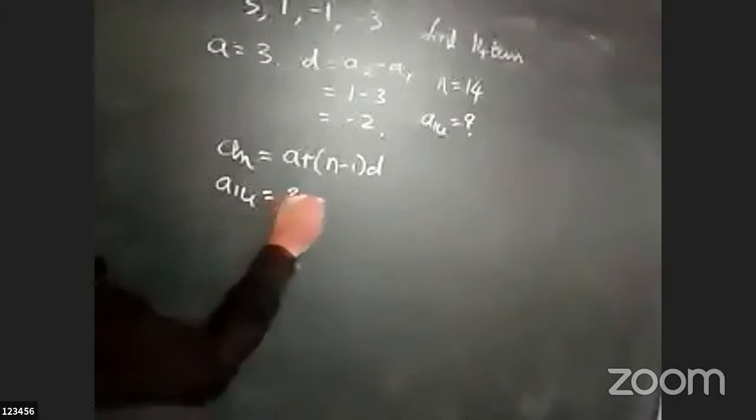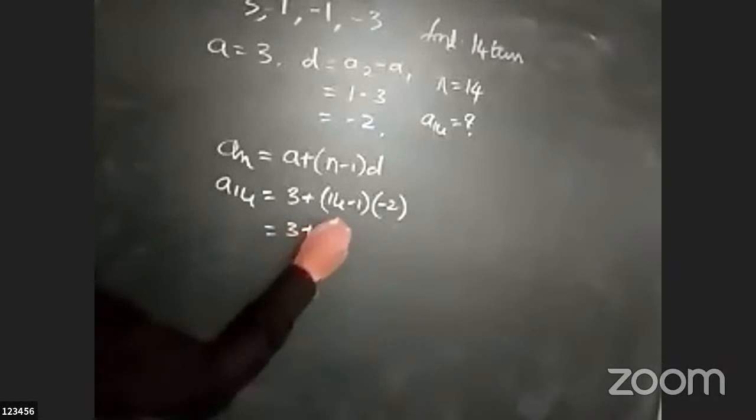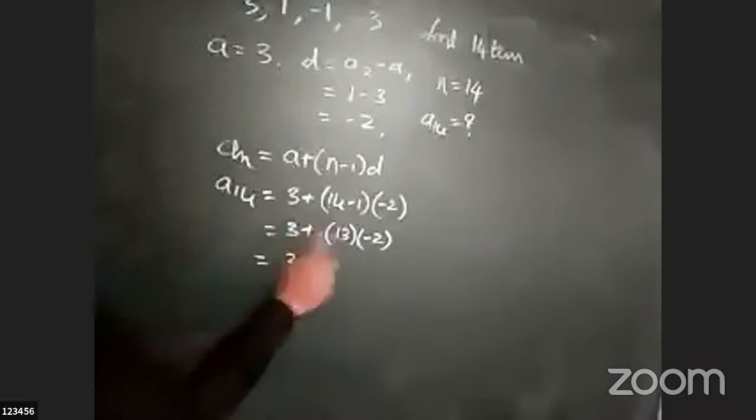A14 is equal to 3 plus 14 minus 1 into minus 2, that is 3 plus 13 into minus 2, so 13 into 2 is 26.